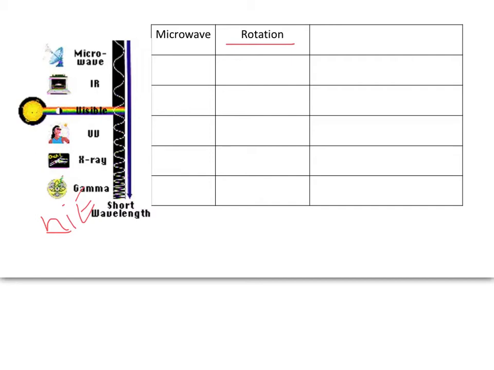Now, it turns out we don't use microwaves analytically in chemistry because they don't give us enough useful information. But what they can do is make molecules rotate or spin. So if you think about putting your food in the microwave, those molecules get energized, they move around, they spin, and that's what cooks your food. And eventually the water gets enough energy and it becomes a gas and it leaves, and that's what cooking is.